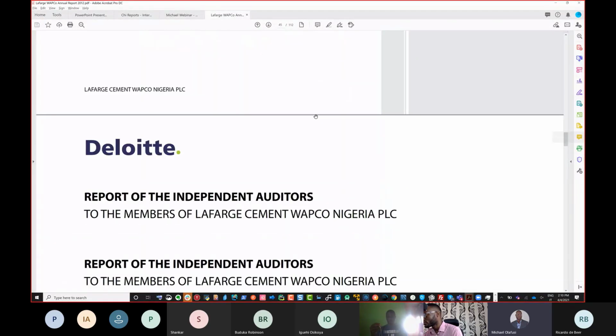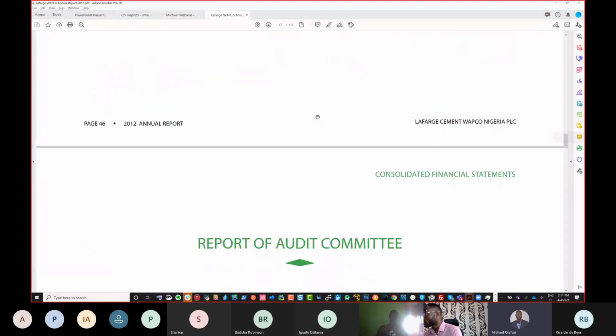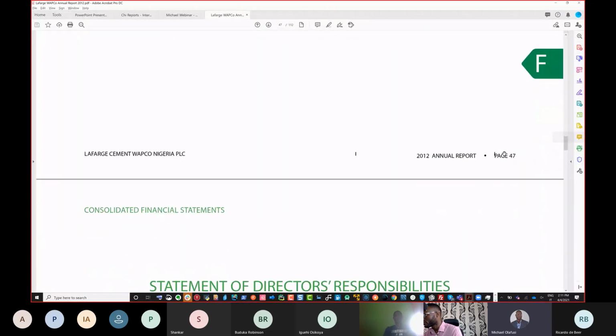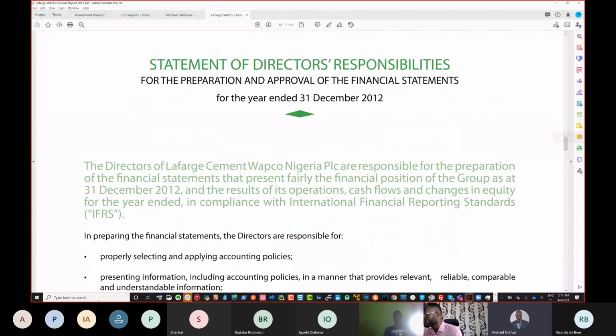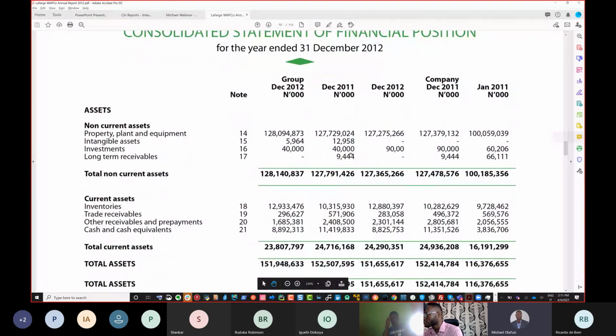So once I explain that, we are now going to talk about the different types of equity, the broad categories, which are two: ordinary shares and preference shares. So let me just try and scroll faster. Okay, so this is the balance sheet, statement of financial position.